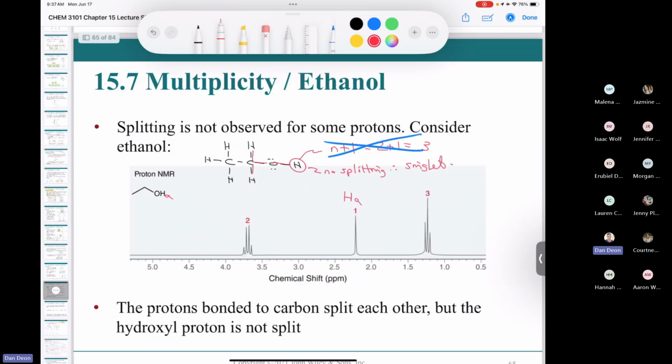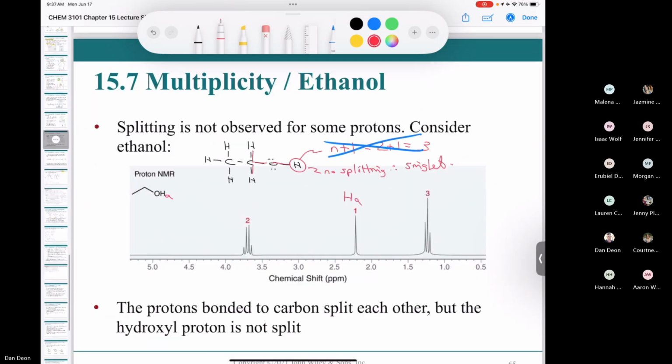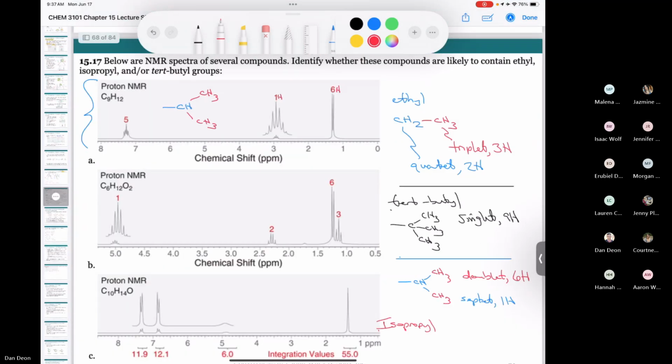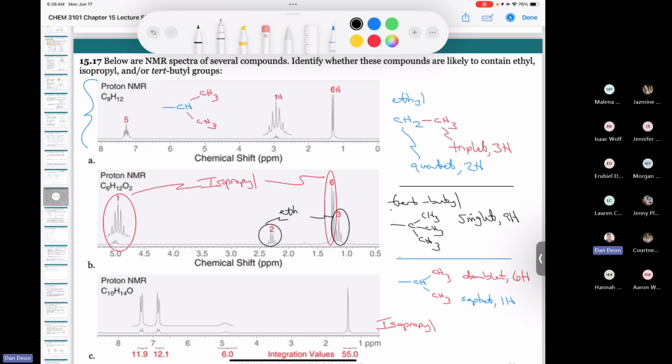So if we use color coding, I'll circle the septet and the doublet and say that is an isopropyl. And then if we circle this one here, that's a quartet that integrates for 2 and a triplet that integrates for 3. So those 2 would be an ethyl group.